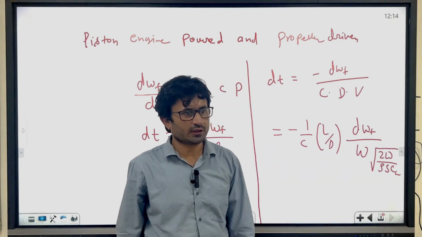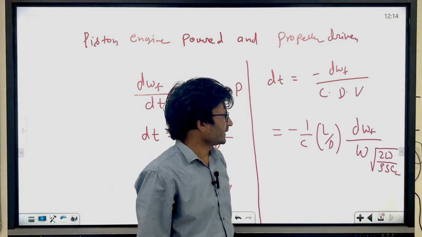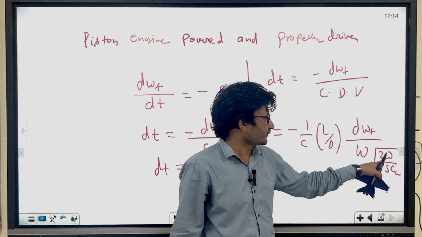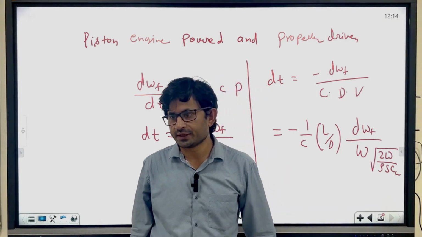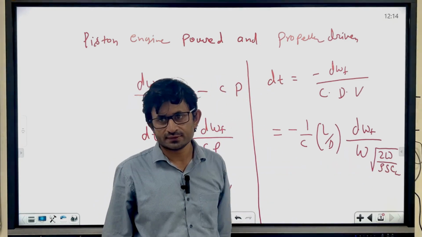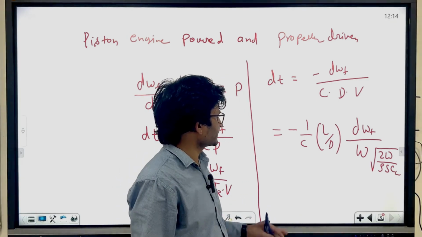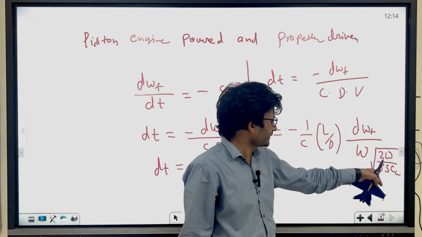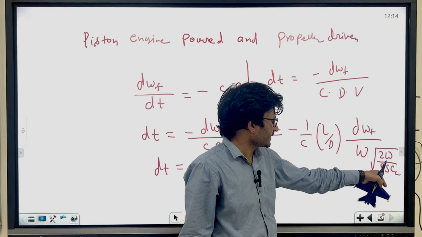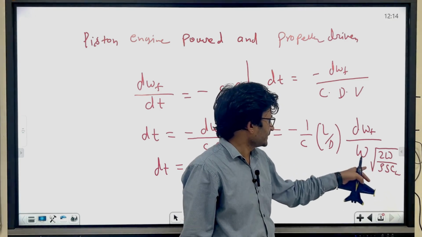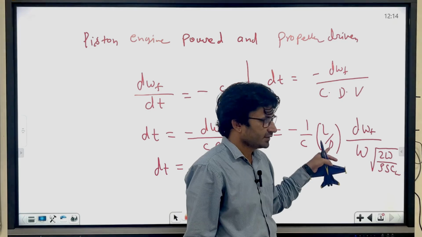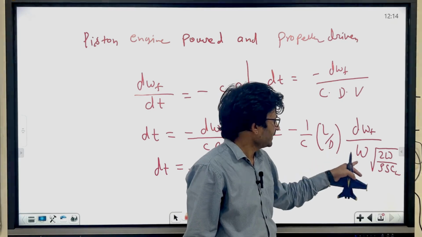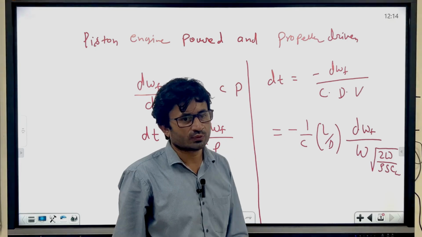Because if you do not convert and if you integrate, then velocity is also a function of W, and you are integrating the W part. Now in this expression, if you integrate, you will not find any problem, since rho is constant at one particular altitude, S is constant, you have sized your aircraft, and you are flying at one particular CL and CD, and you are just integrating with W.